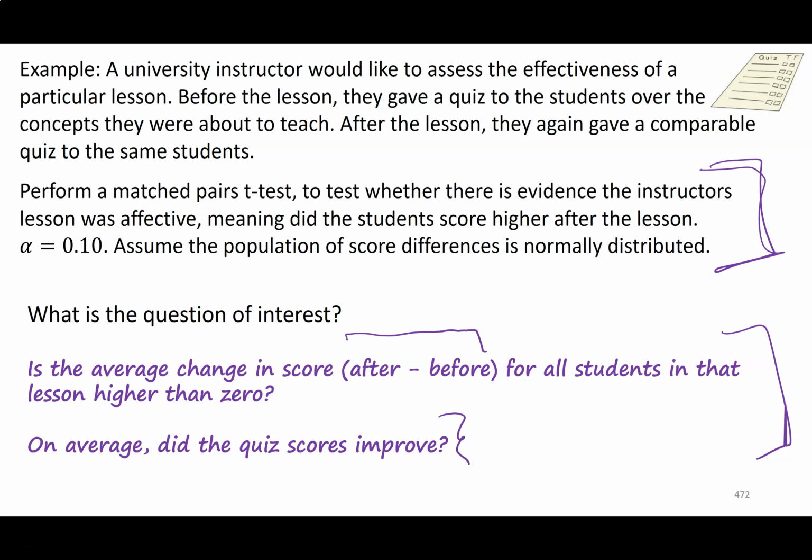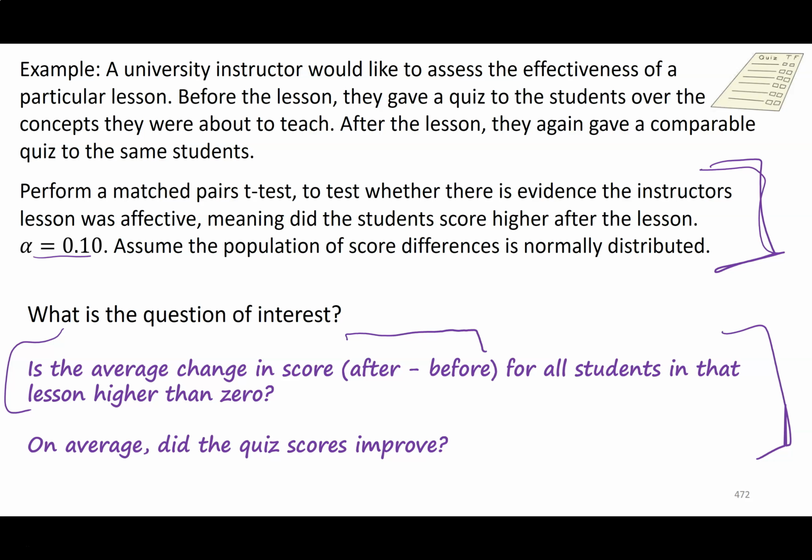So a translation, which alone wouldn't be enough: on average, did the quiz scores improve? That's translating what this whole first sentence means. This is the layperson's term: on average, did they improve? You could even say, is the average improvement in score, on average, did they improve? That kind of thing.